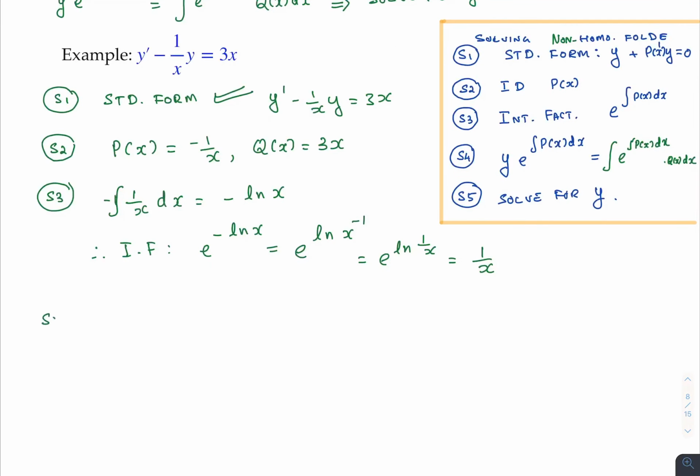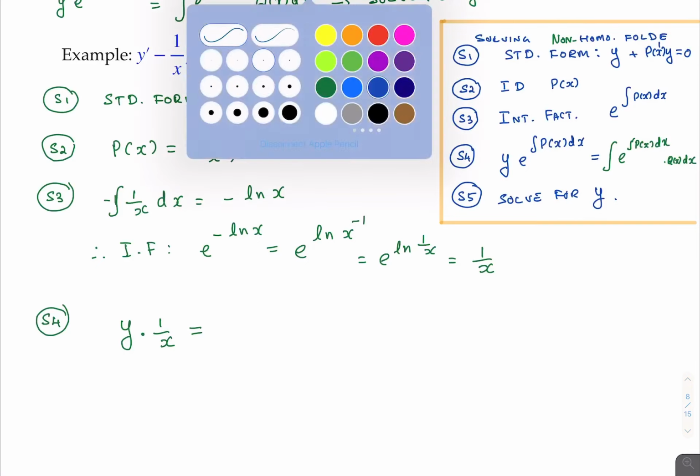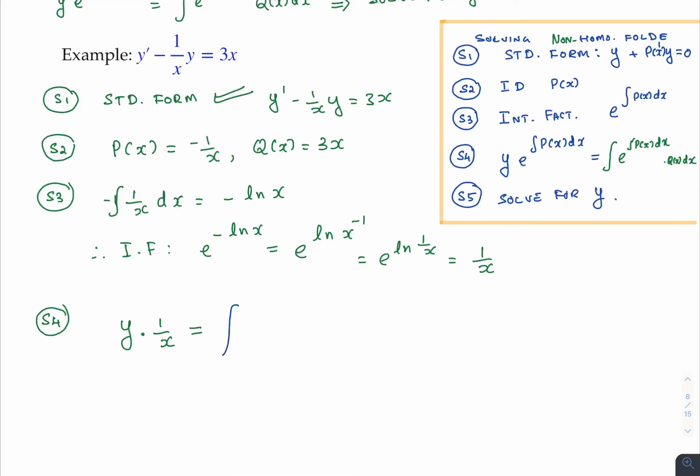The next step is a little bit more involved, but we can do it. Now I'm going to plug it back into this particular form right here and work through it. So I have y times the integrating factor, which is 1 over x, and my right-hand side is going to be a little bit involved. This is the integral of the integrating factor, 1 over x, times q of x, which is 3x, dx.